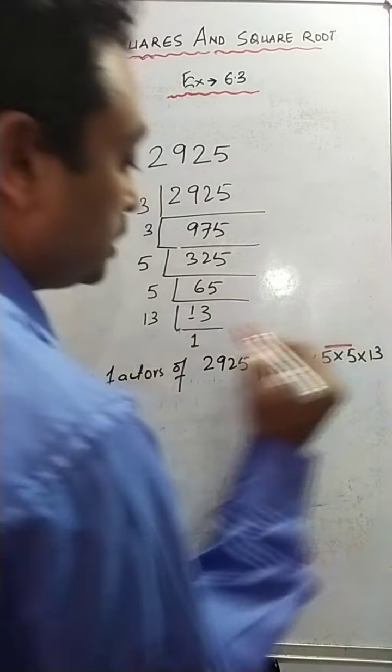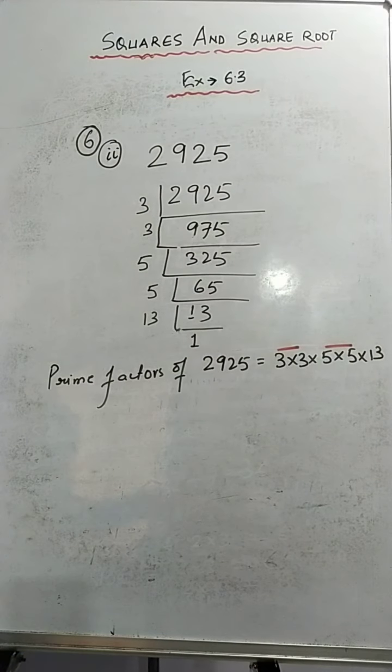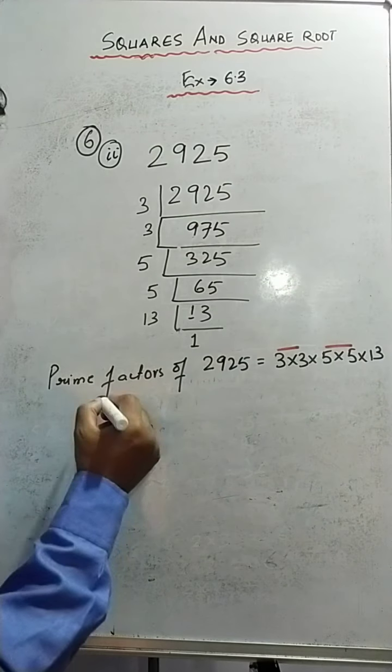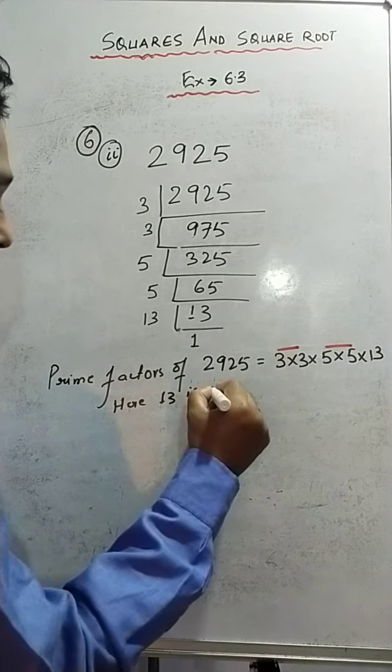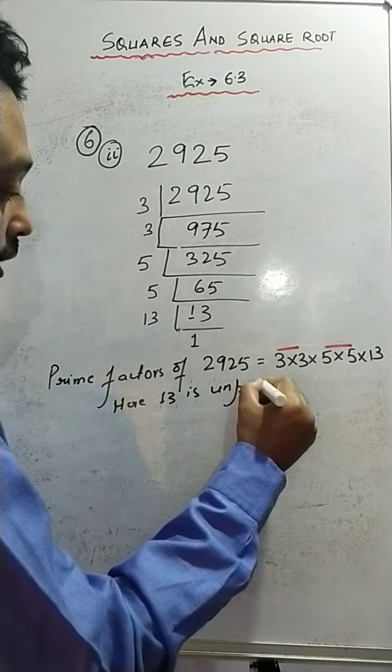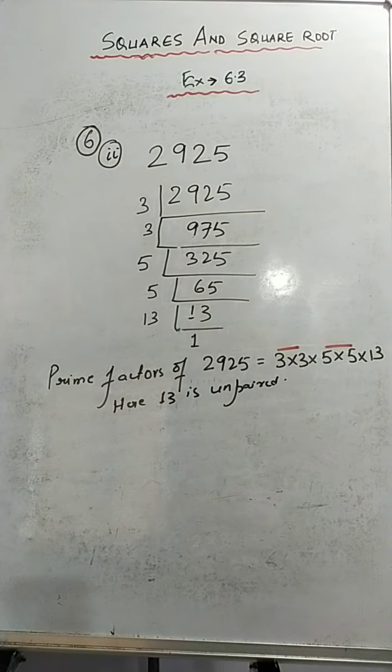Now these numbers are in pair form. So which number is not in pair form? Exactly, 13. So here 13 is unpaired. So what should we write?